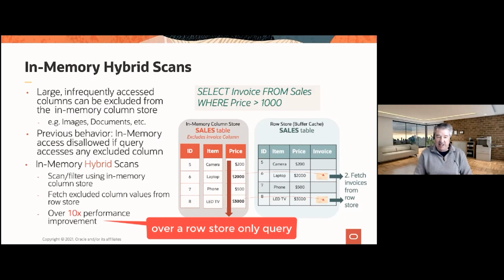So thanks for pointing that out, and I will qualify that it's over 10x performance improvement versus a pure row store query. And that's kind of the whole point, right? Rather than being all or nothing, that hybrid or mixture can still be a significant benefit.